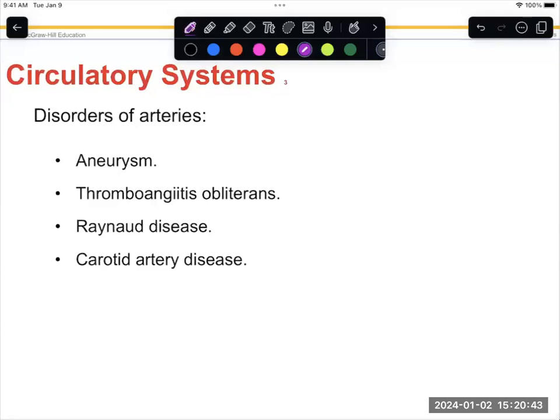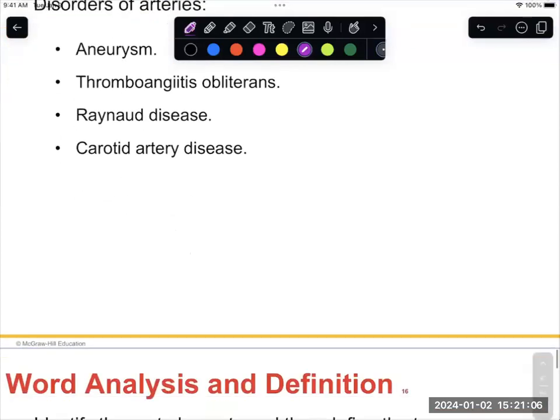It's usually following exposure to cold, but it can be associated with connective tissue disorders like scleroderma and lupus. And then carotid artery disease is that buildup of that plaque in that carotid artery that is reducing that blood flow to the brain.